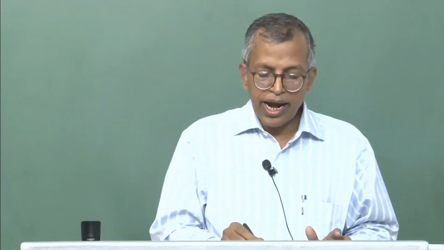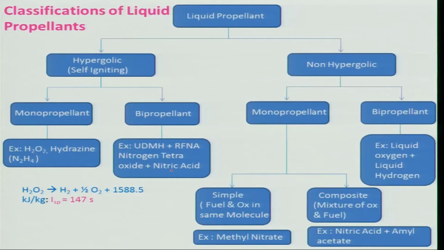Similarly, nitrogen tetroxide and another fuel, when they come in contact, will also ignite by themselves. So there are several other varieties of hypergolic propellants, but I have taken two examples, and these are being used routinely in rocket engines.